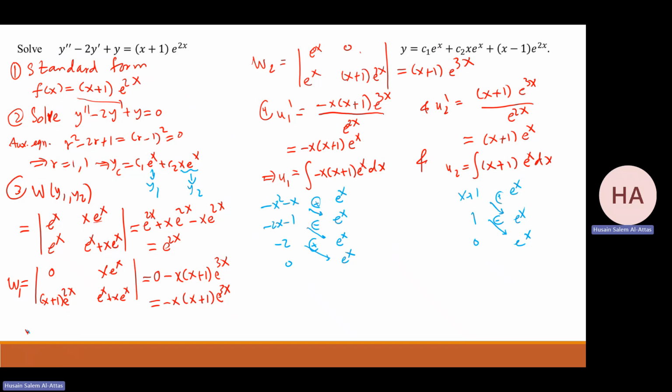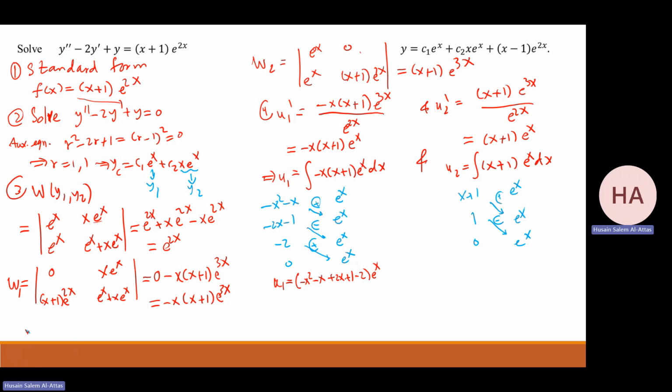Now what will be u1? u1 will be, yeah, be careful now. I have what? Minus x squared minus x plus 2x plus 1 minus 2.